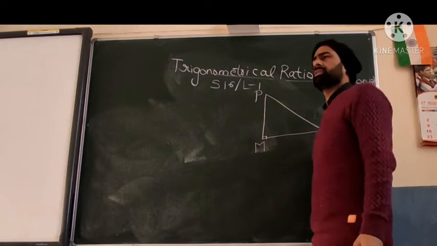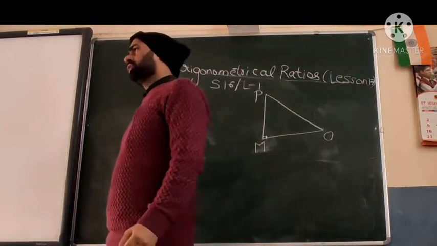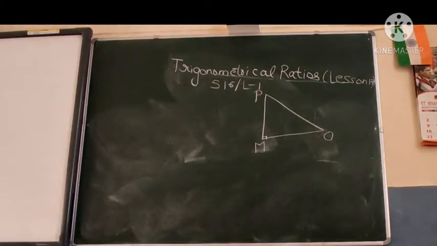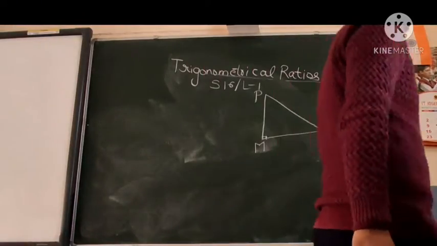Now you know by your knowledge of Pythagoras theorem that a right angle triangle has got three parts.